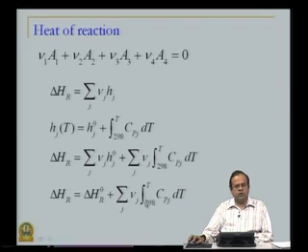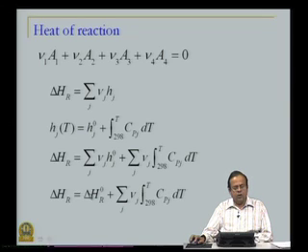In many calculations, if you want to do a quick estimate of what is happening, you can actually look at reference condition heat of reaction to see whether reaction is exothermic or endothermic. It is true that there will be some contribution from this particular function, the second part, but suppose we make an assumption, and engineering is all about making assumptions, but right kind of assumptions, and it is a reasonable assumption at least in many cases that Cp is a constant, it is not a function of temperature.